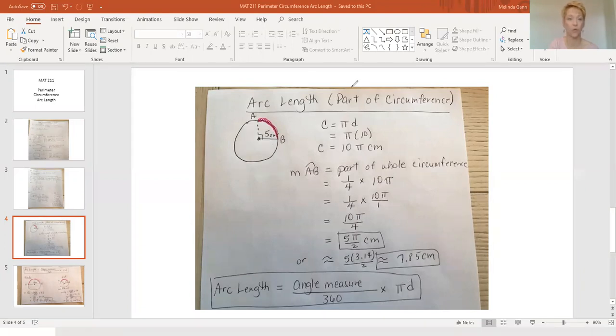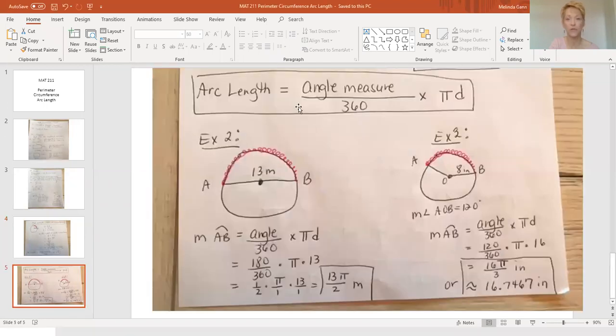All right, let's work a couple real quick, just to make sure that you're okay on your homework. There's your formula again. Part, angle measure over 360, times your whole circumference, pi d. All the way across is 13 meters. My angle measure, if it's 360 degrees in a whole circle, that's why it's 360 on the bottom. It's 360 degrees around a whole circle.